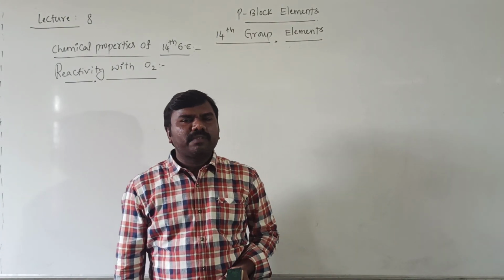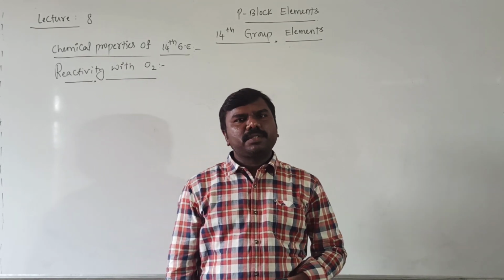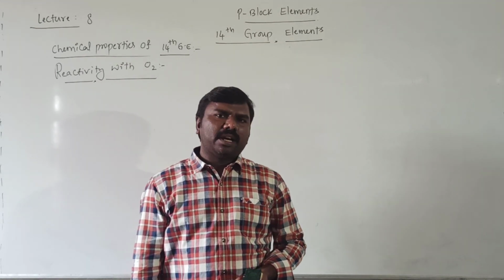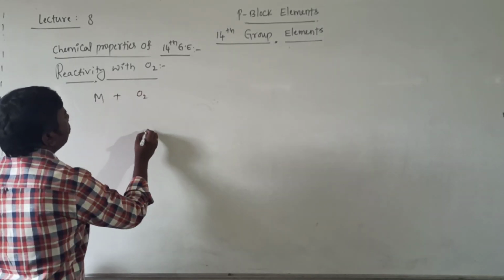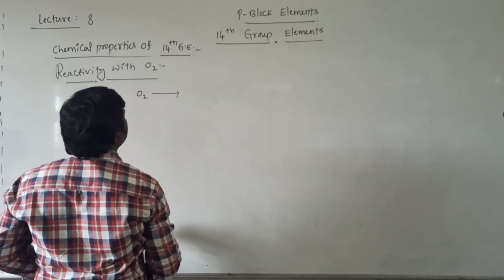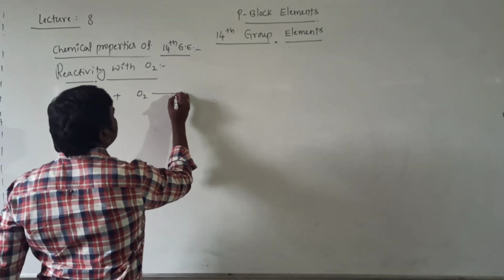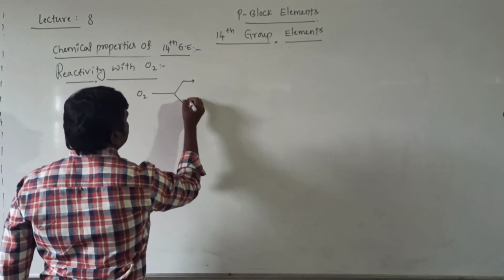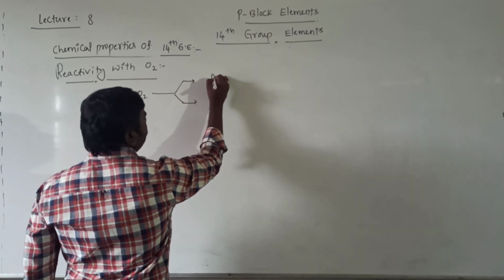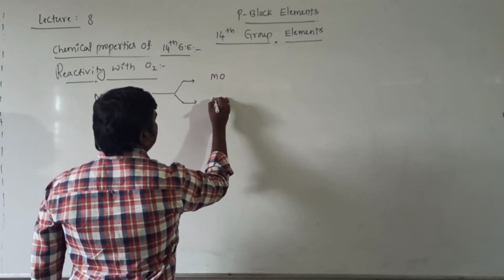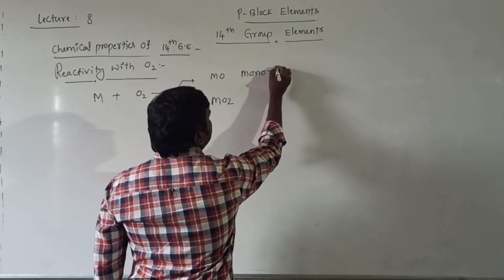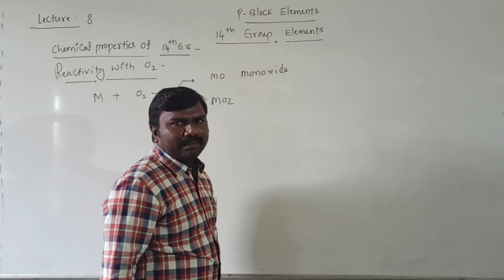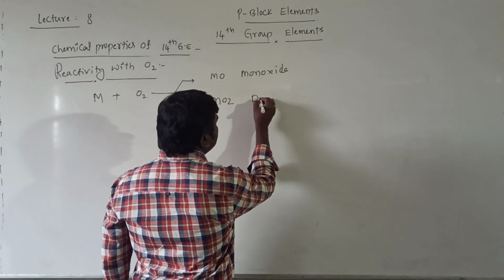There are 2 types of oxides possible: first one is monoxide, second one is dioxide. First one is MO and second one is MO2. MO is monoxide, it means only one oxygen atom combines, and MO2 is dioxide.